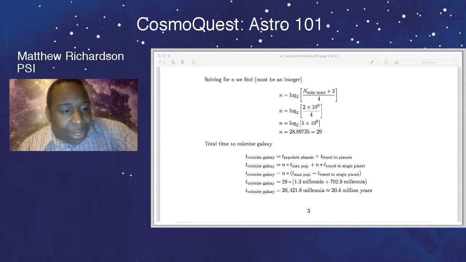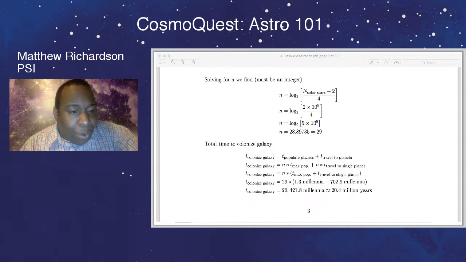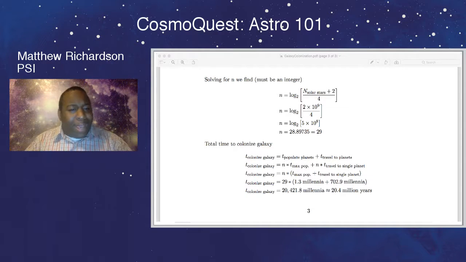So I'm seeing here it's more about population propagation. Wait, are you saying that the travel time is negligible? Well, in this case, I think the travel time is what's taking the most time, right?